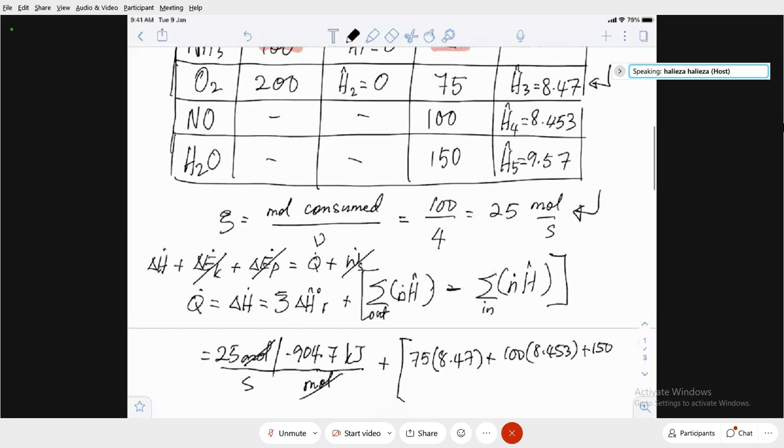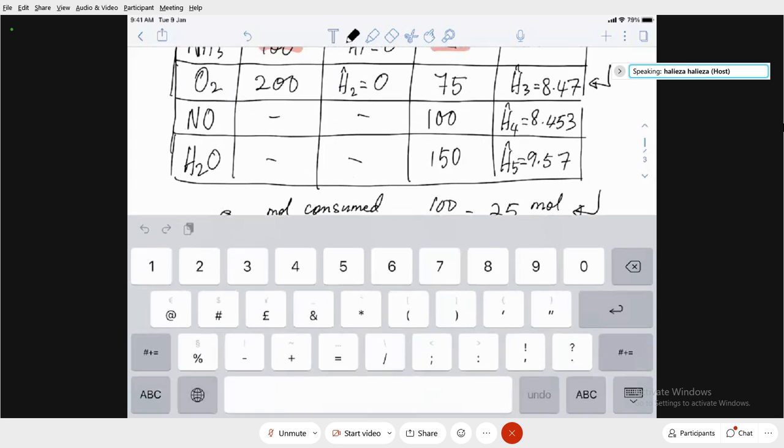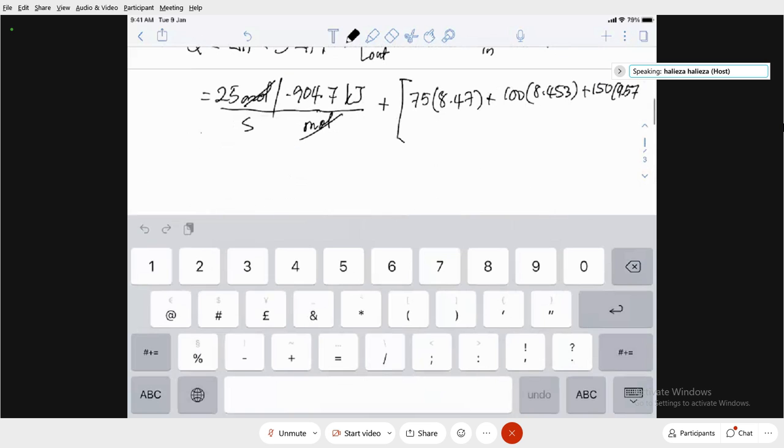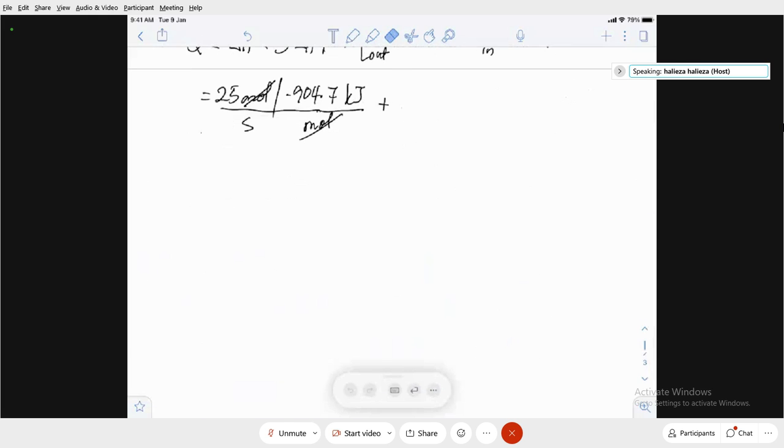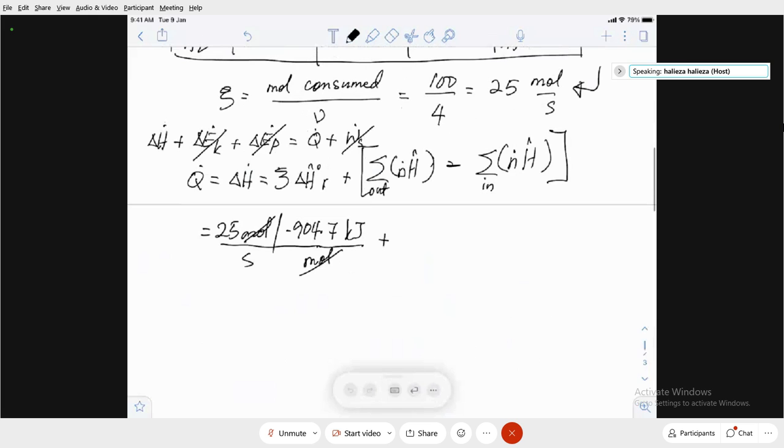I'm not sure I have enough space. Oh dear, I don't have enough space. Ouch. Sorry about that, guys. Now, we need to do something here. Oh dear, let me erase this. Let me undo that so that I can fit everything in. Let's look at the table again.